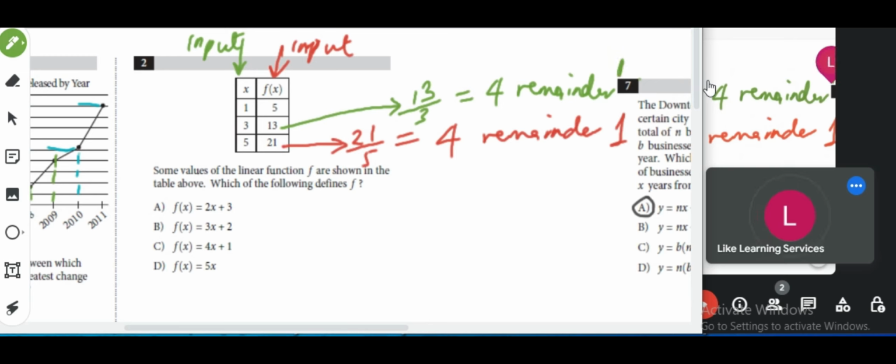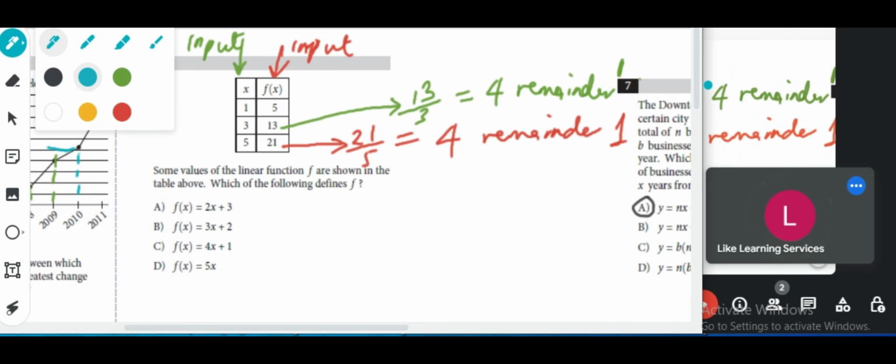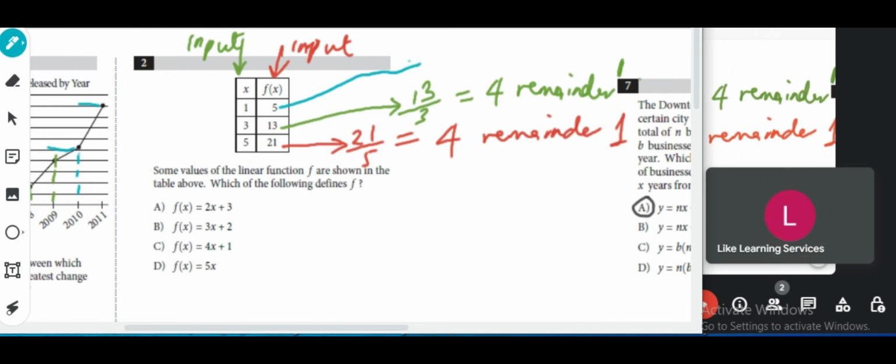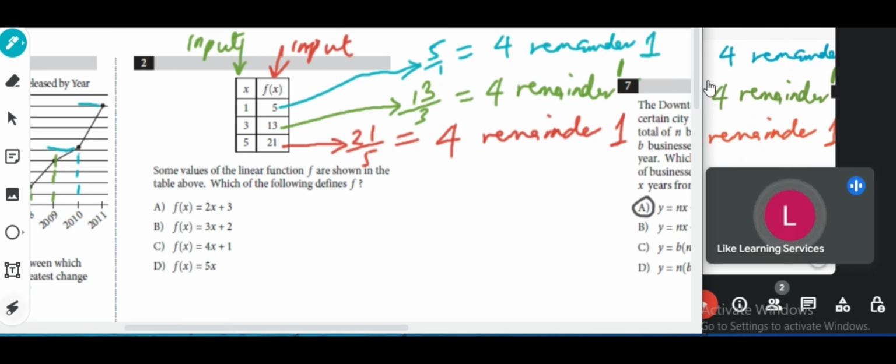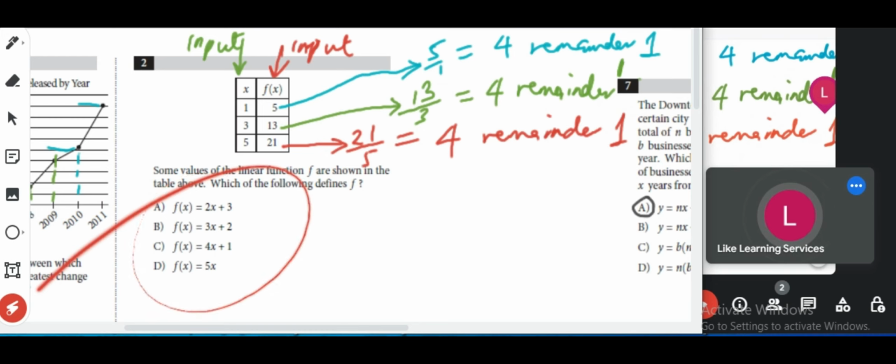Then 5 divided by 1 is also 4 remainder 1. So if you notice, it starts with 4, remaining 1. That remaining 1 is the intercept. So which one looks like the answer?